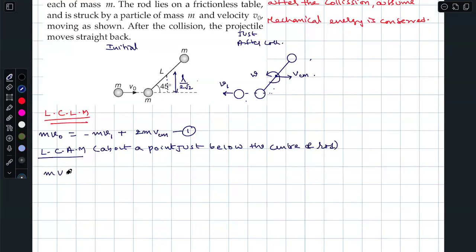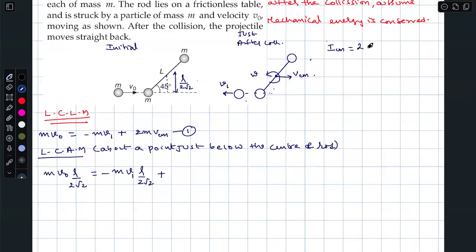So m v naught L by 2 root 2 is equal to minus m v1 L by 2 root 2 plus, already we have calculated the moment of inertia of this system about I_CM.